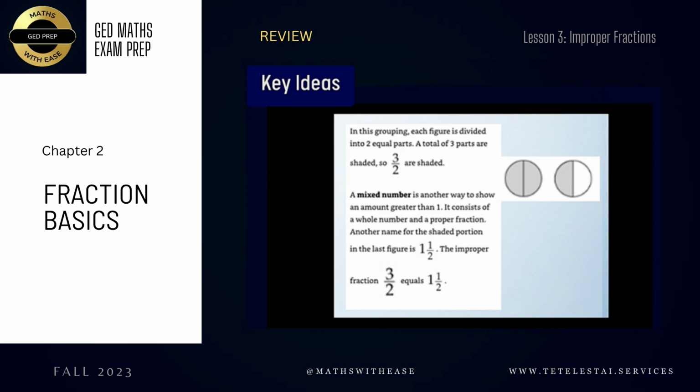So usually when you see a top heavy fraction, you may be required to express it as a mixed number. A mixed number is simply a whole number and a proper fraction.